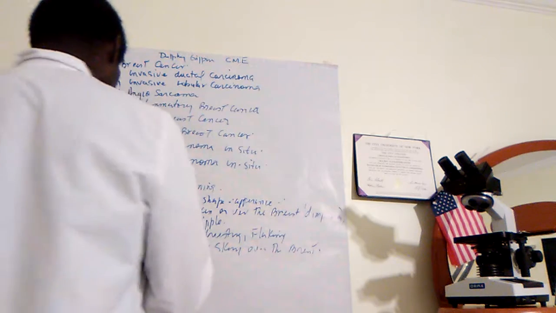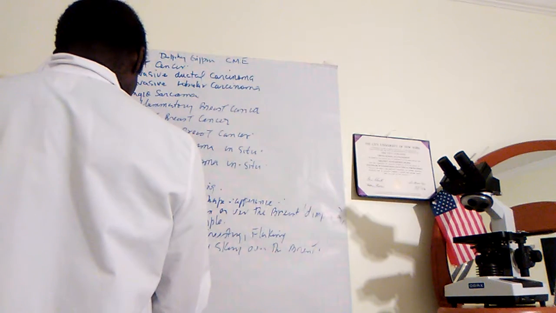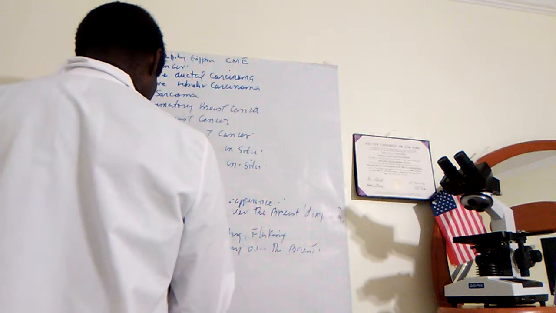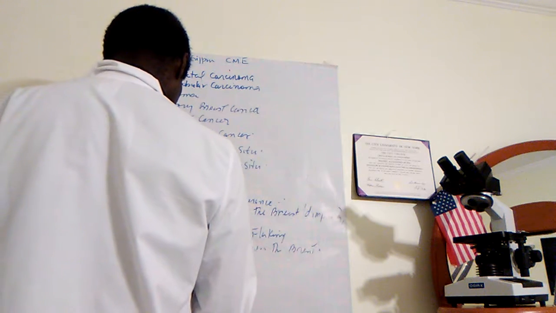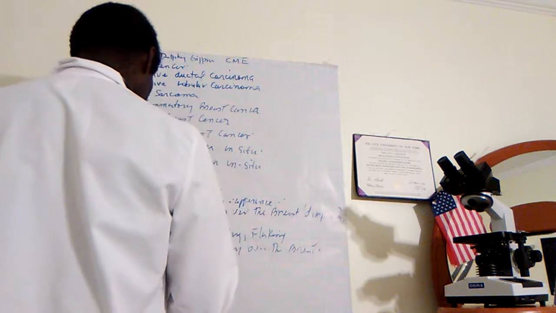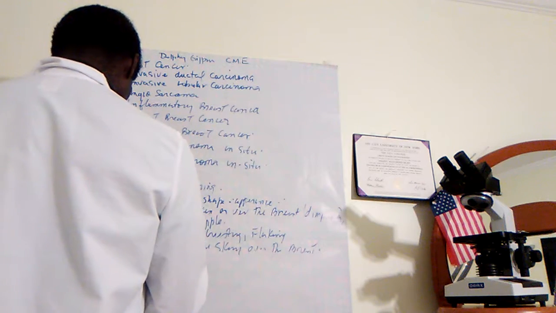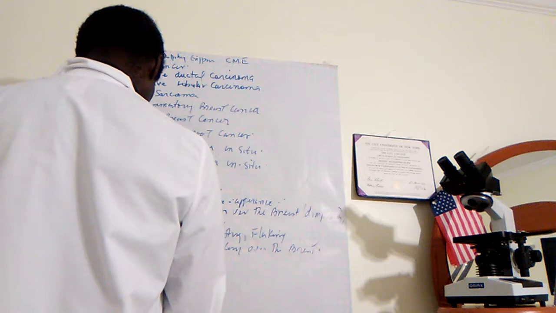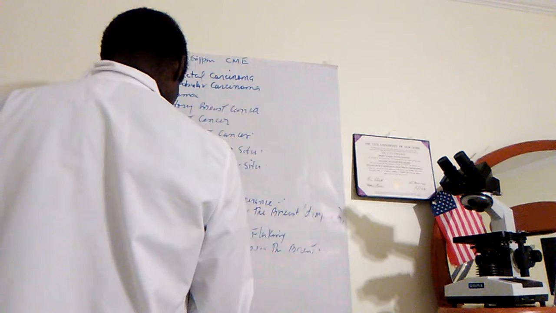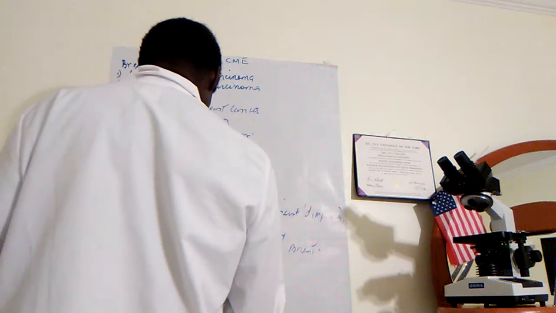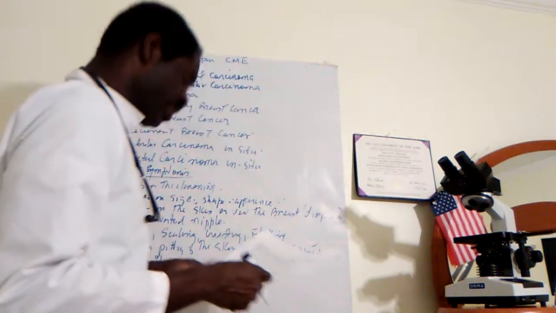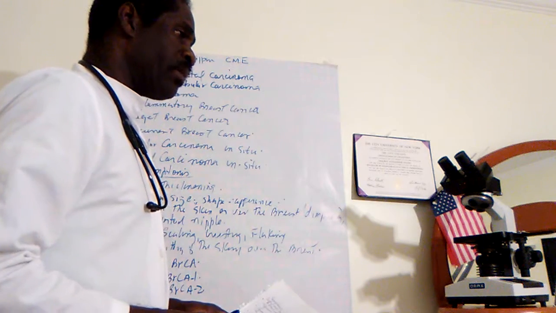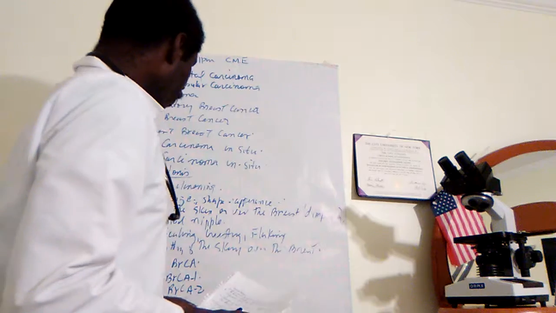And specifically, if you are found to have gene 1, or BRCA1, breast cancer gene 1, or gene 2 mutation, BRCA2, then you are predisposed, or more than likely you could have not only breast cancer, but ovarian cancer.